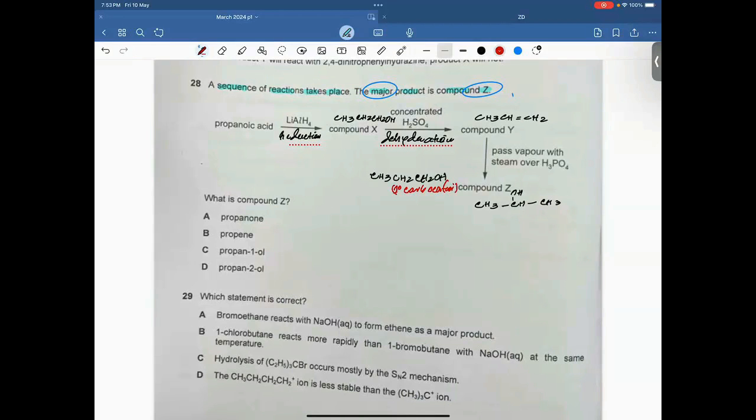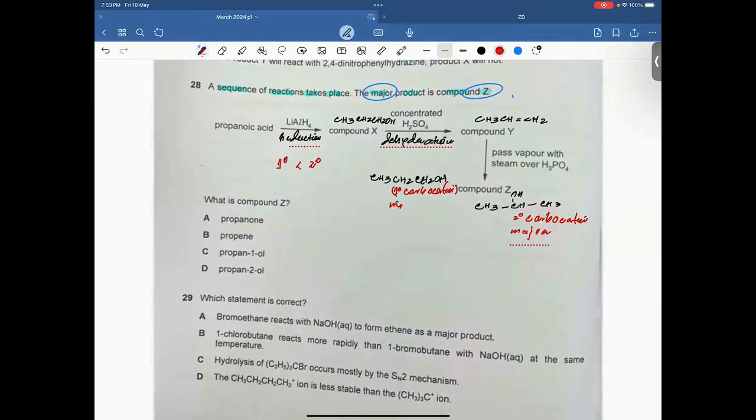And propan-2-ol is formed via 2 degree carbocation. And 2 degree carbocation is more stable than 1 degree carbocation, which means this is going to be the major product. And this is going to be the minor product. Okay, that's what we have discussed in the class as well, in the lecture. So what compound is Z? The compound Z is propan-2-ol, so D is going to be the right answer because the examiner is looking for the major product. Okay.